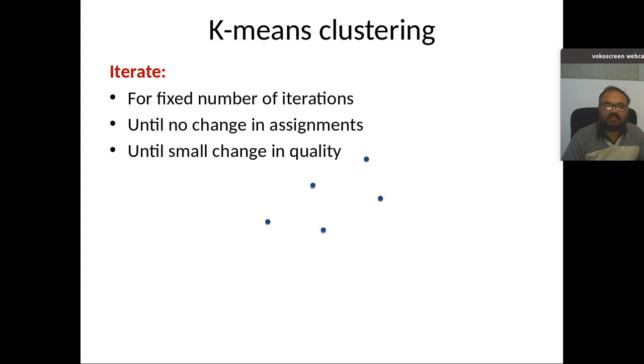Or you can also base it on the change in quality. So for example, if further iterations do not change the quality of the clusters, then the algorithm can be stopped.